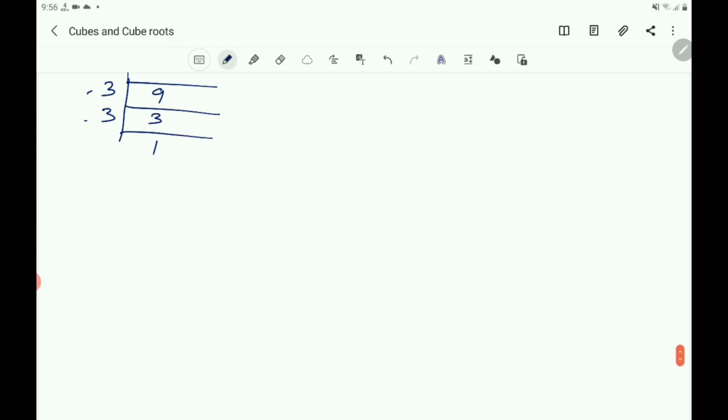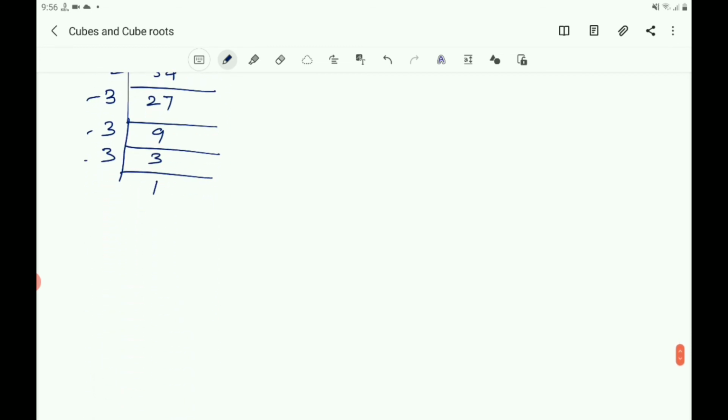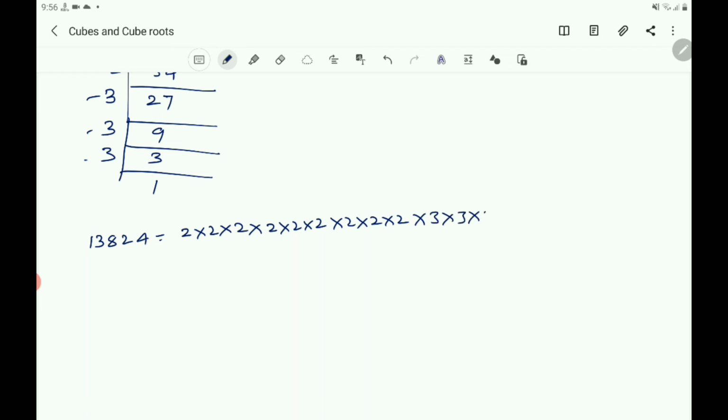So you write the number 13,824 equals 2 into 2 into 2 into 2 into 2 into 2 into 2 into 2 into 2. 9 times 2 and 3 times 3 you got here. Then you make the group of triplets. So you write 13,824 equals 2 into 2 into 2 into 3 whole cube.